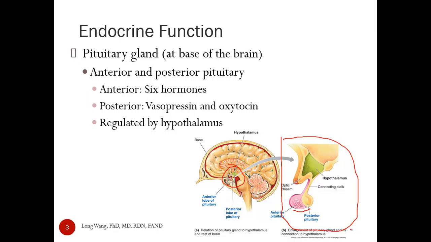Therefore, it is an important hormone in regulating blood volume and blood pressure. And the function of anterior and posterior pituitary gland is regulated by the hypothalamus. So this is also a very important organ that plays pretty much a central command role in regulating a lot of the homeostasis aspects in the body.